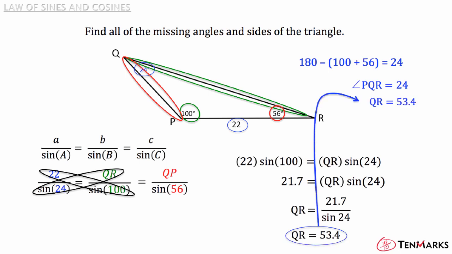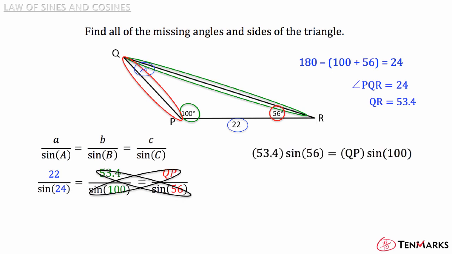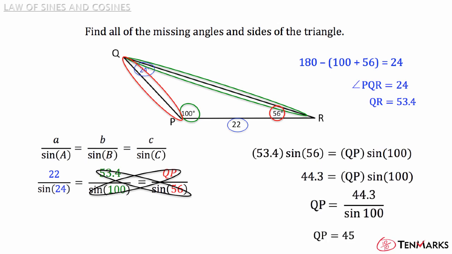You have now found the missing angle and one missing side. To find the last missing side, you can cross-multiply again. To solve for QP, cross-multiply, simplify, get QP by itself, and solve to find that QP is 45. You have now found the missing angles and sides of the triangle.